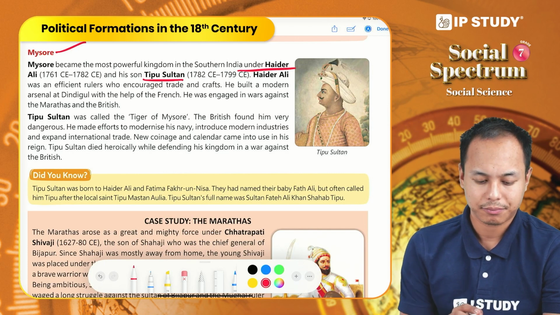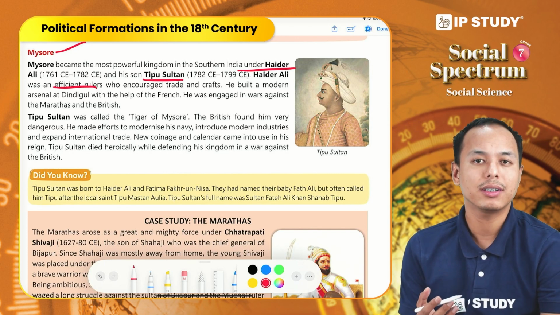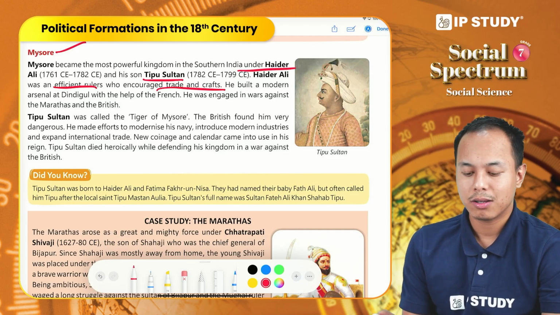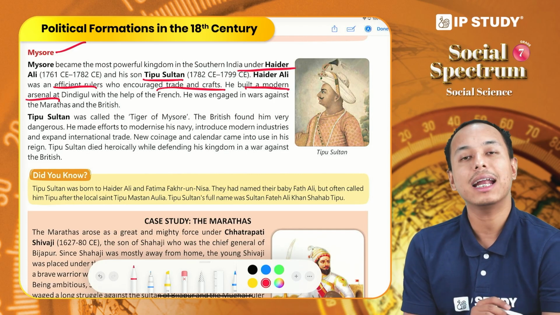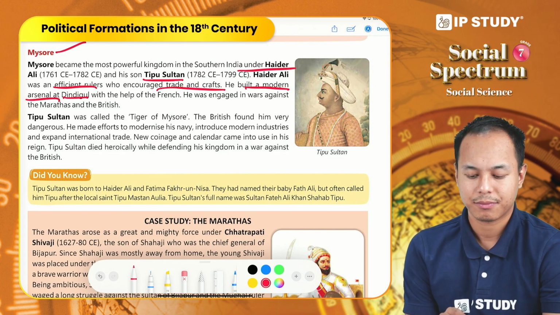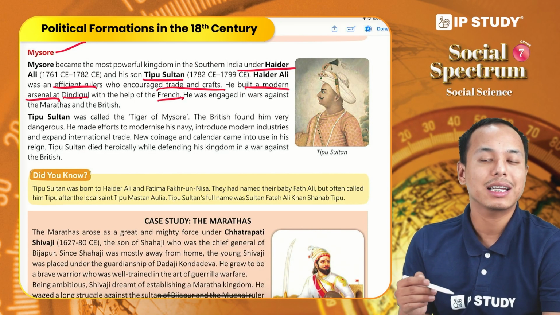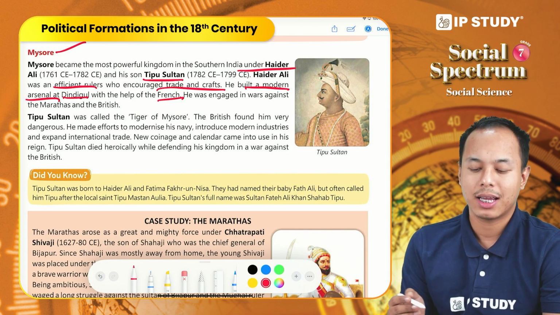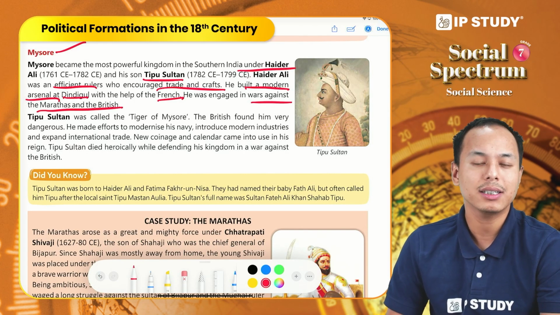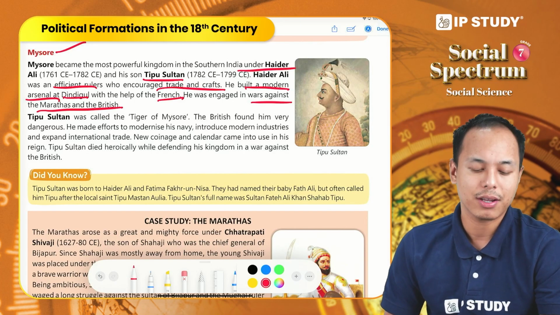Hyder Ali was a very efficient ruler and he encouraged trade and craft during his rule. He also built a modern arsenal at Dindigul with the help of the French. He was constantly at war against the Marathas and the British.